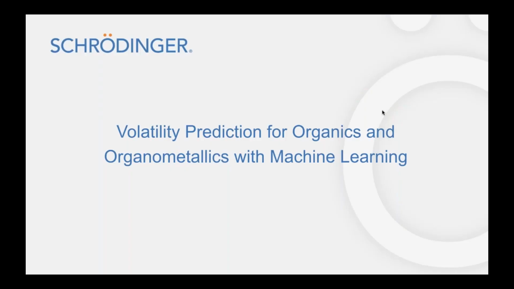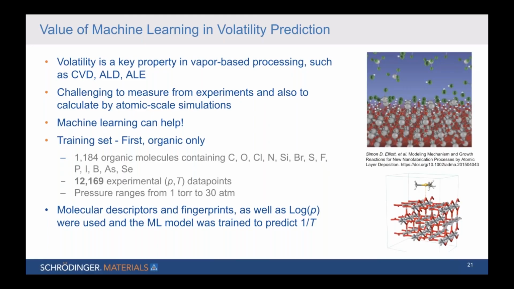So now I'm going to jump into our second study. This is about volatility predictions for organics and organometallics with machine learning. We are all familiar with the importance of the volatility property, especially in recent years in industry.